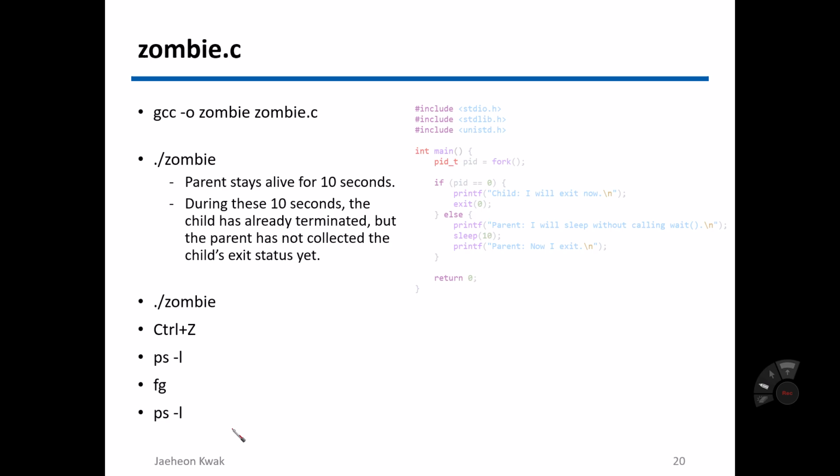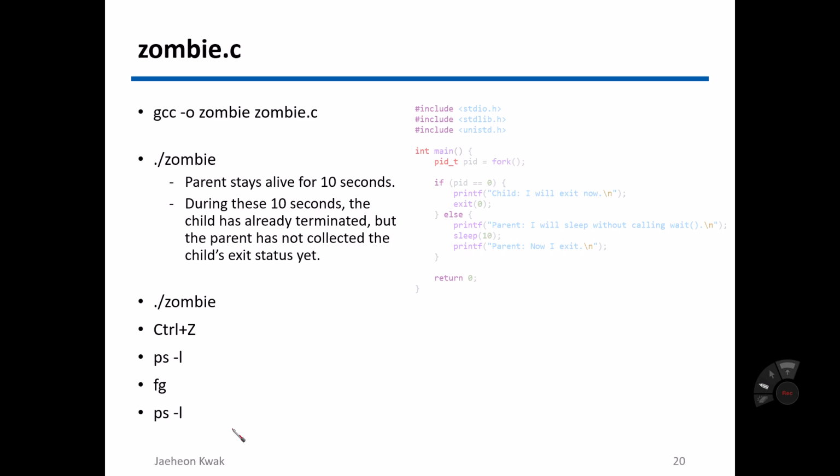The PID of the parent process is 1422, and the child process's PID is 1423. When we check the PPID, the parent PID, the child process's PPID is the parent process's PID.